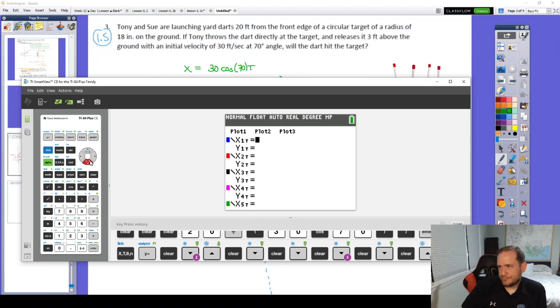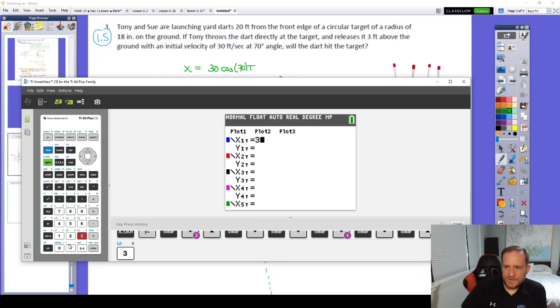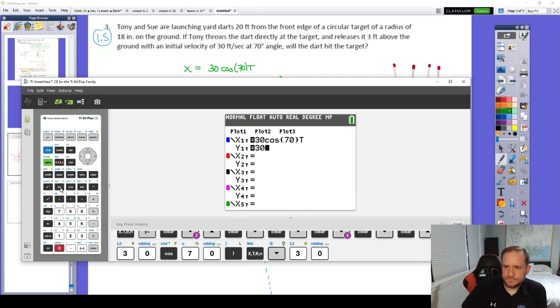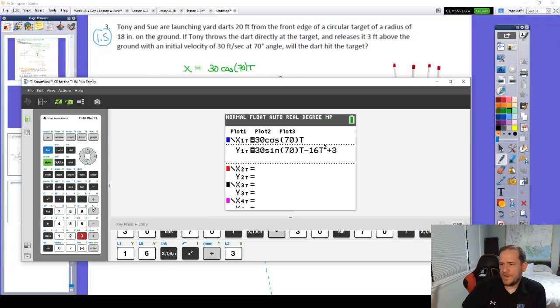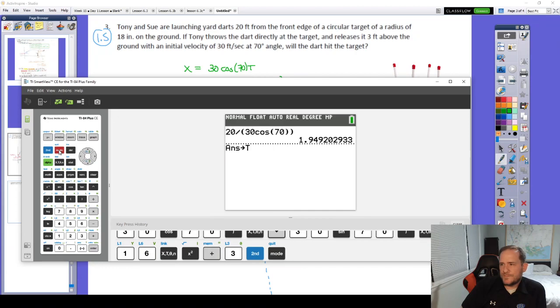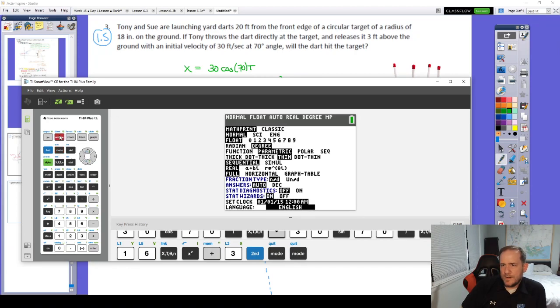Right, enter the equations. 30 cosine 70 time. Plus 3, right? Okay. Just because I'm curious, let's go to the window.